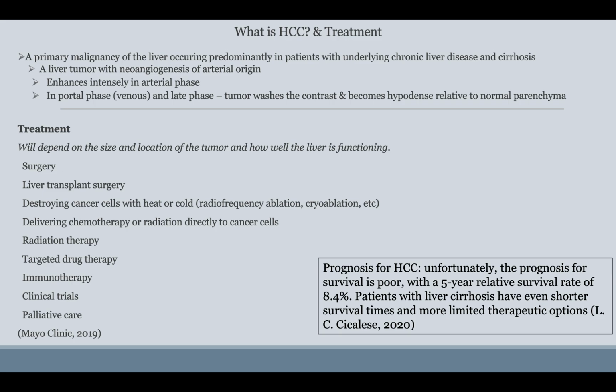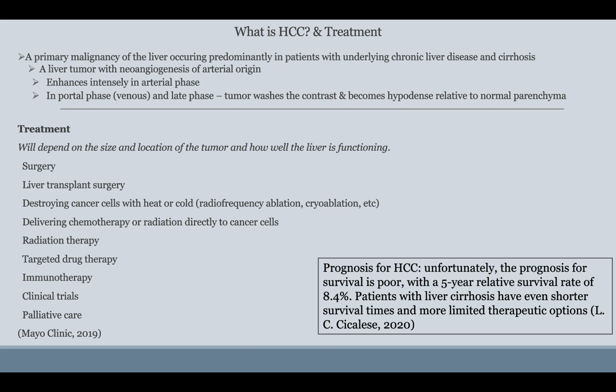So what is hepatocellular carcinoma and treatment options? HCC is a primary malignancy of the liver, occurring predominantly in males who have an underlying chronic liver disease and cirrhosis.